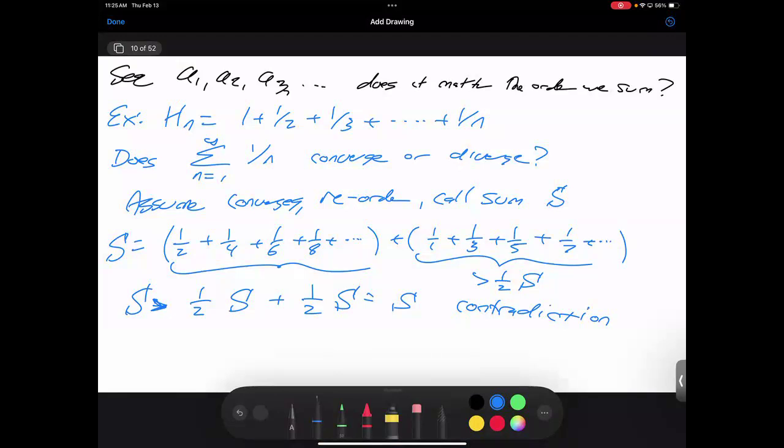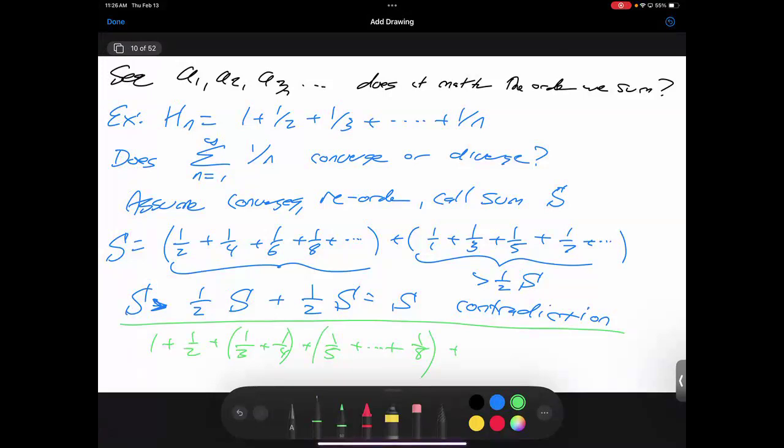Another good way to show that it diverges is group it in blocks of length 2 to the n, where n is growing. And so if you group it that way, you have 1 plus 1/2 plus 1/3 plus 1/4 plus 1/5 all the way up to 1/8.